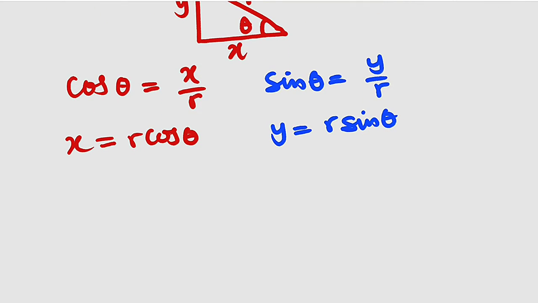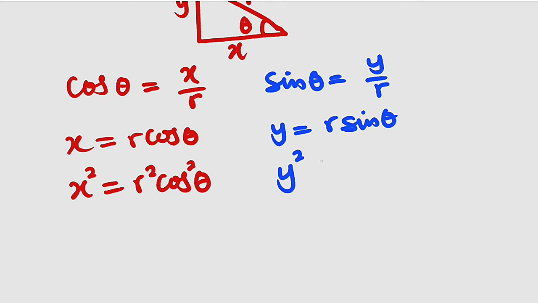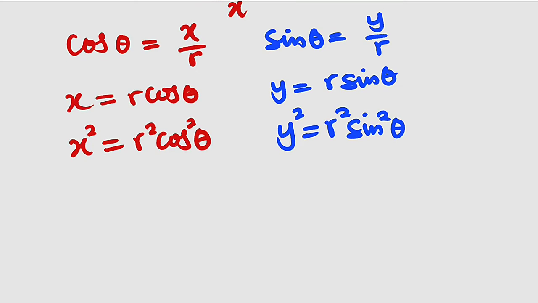And from here, we can square both sides. If you square x, it is the same thing as squaring the right hand side, which is going to give us r squared cosine squared theta. We can also square y. We have y squared equal to r squared sine squared theta, right? So what happens if we decide to add x squared and y squared?